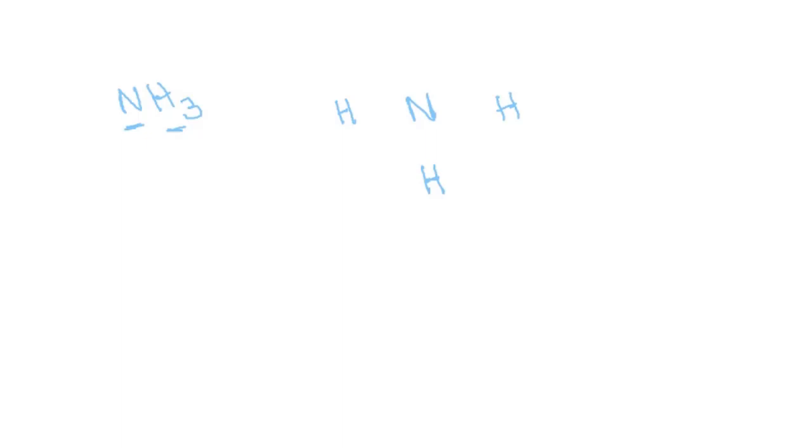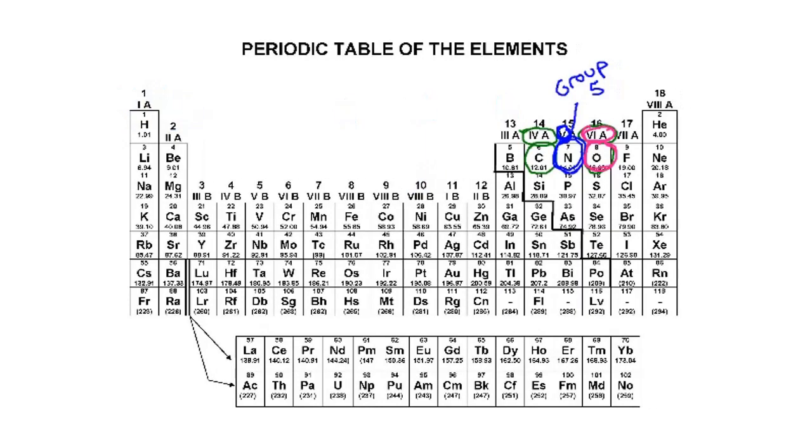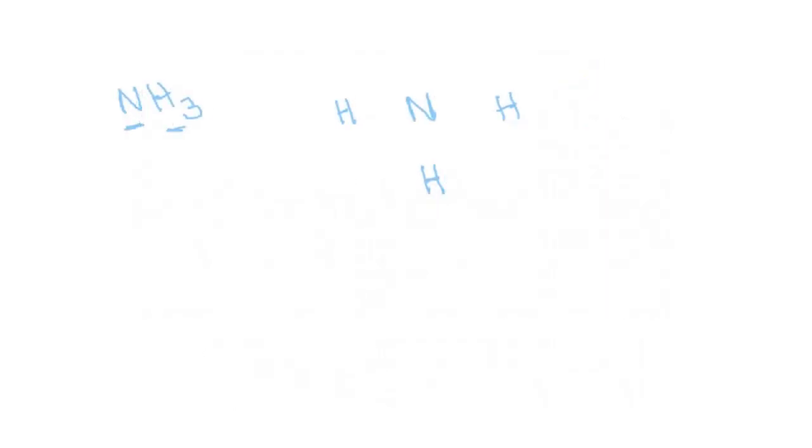Now N, if you remember, here's N, and N's in group 5. So N has 5 valence electrons around it. So 1, 2, 3, 4, 5. And then hydrogen has 1 electron, so 1, 1, 1. Now we can just connect the dots. It's really just a matter of connecting the dots. Here's a dot to a dot, here's a dot to a dot, there's a dot to a dot.